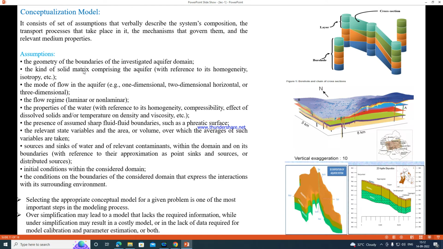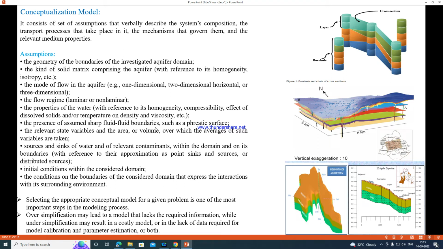The kind of solid matrix comprising the aquifer, with reference to its homogeneity and isotropy, heterogeneity and anisotropy. The mode of the flow, whether it is one-dimensional, two-dimensional, or three-dimensional, the flow regime, and the properties of the water, the compressibility. You know that compressibility depends upon the density of the fluid present in the aquifer, and the effect of dissolved solids, temperature and density. Also the presence of assumed sharp fluid boundaries.